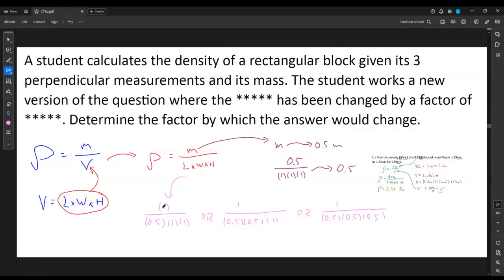But this one is going to be basically 1 over the factor, so the reciprocal of the factor, which in my case makes 2. However, if 2 of these different measurements have changed, what we end up with is 1 over the factor squared.